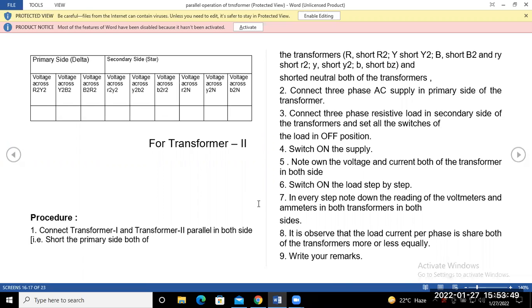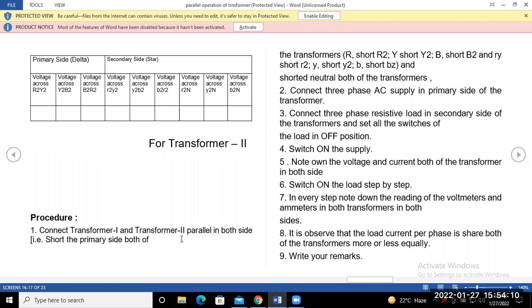Okay, and I think note down the voltage and current of both transformers on both sides and switch on the load. Okay, so just make one table for the no load and another table for the load. Okay, so the procedure is the same as the previous one.